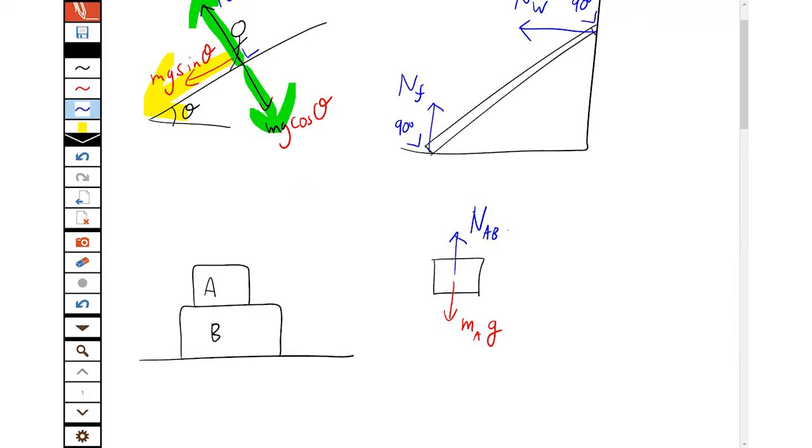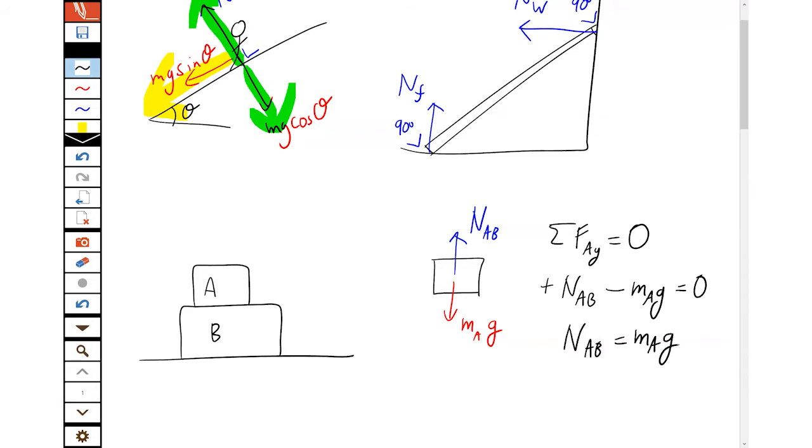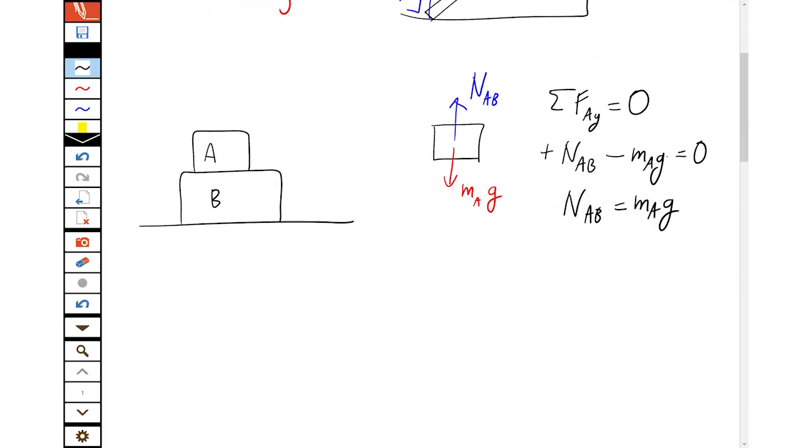And you'd always look at the furthest out block first because it's got the least going on. Now, if that's just sitting there, the sum of all the vertical forces on A is 0 because it's not going up or down. So you've plus the normal force up minus the weight of A down is 0. So the normal force is the weight of A. Then you move on to block B.